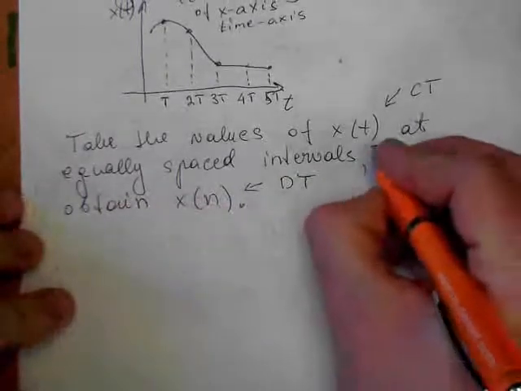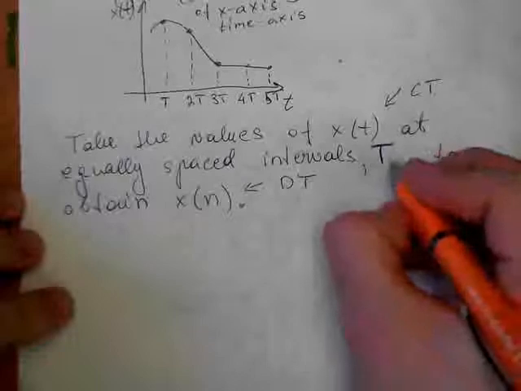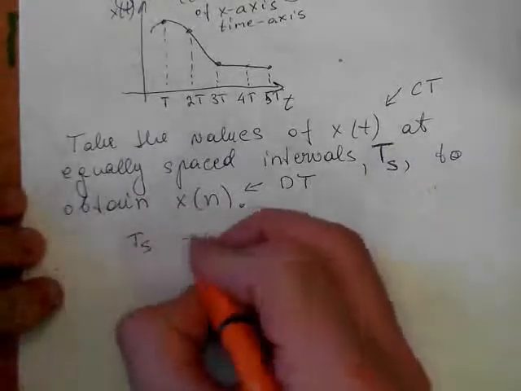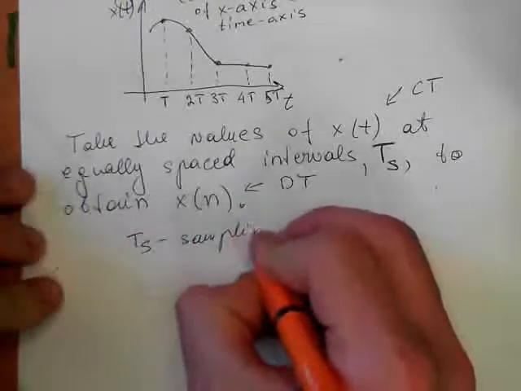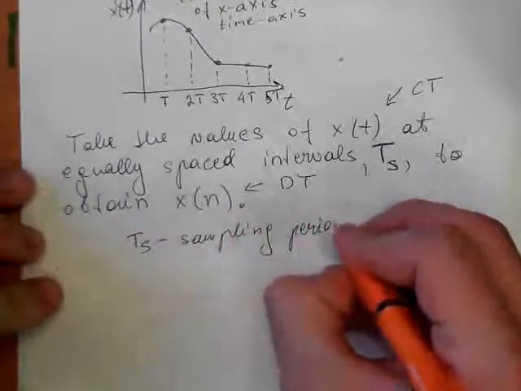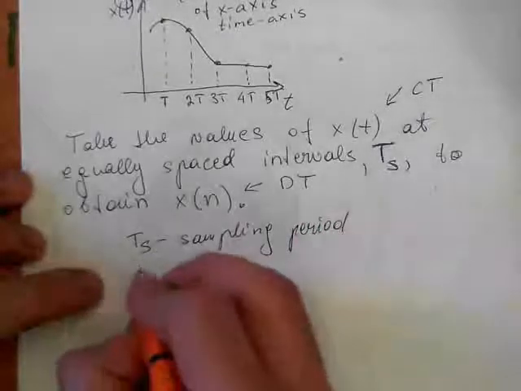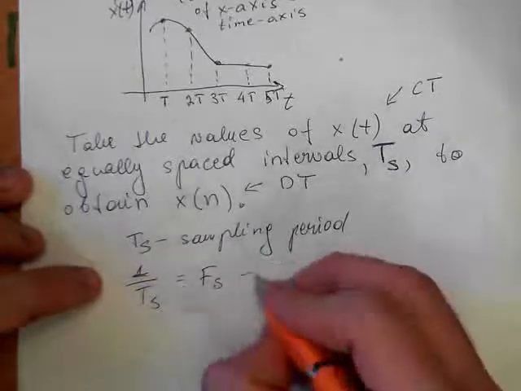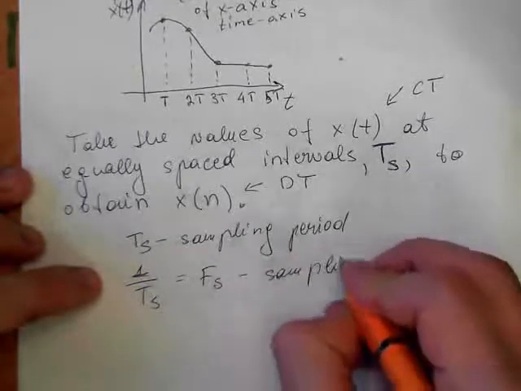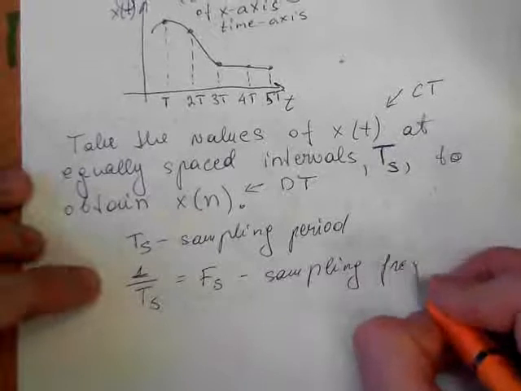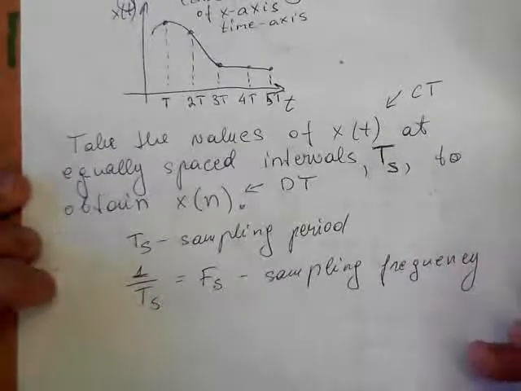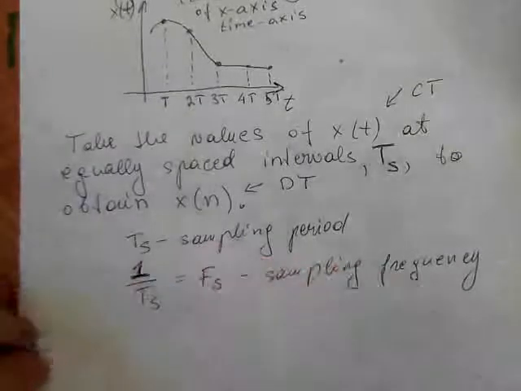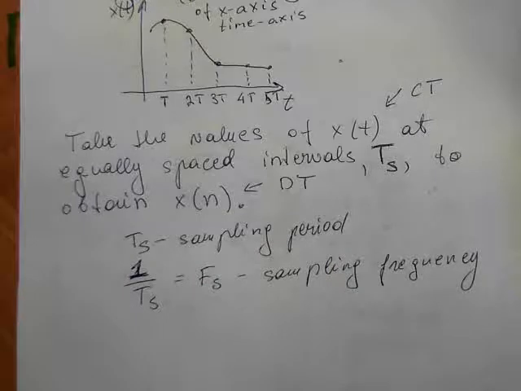This capital T is called, let's write it, T subscript S. This T_S is the sampling period. Sampling period is the inverse of sampling frequency. Detailed information you can find in the book that we have used in the lectures. This is just a short review here.